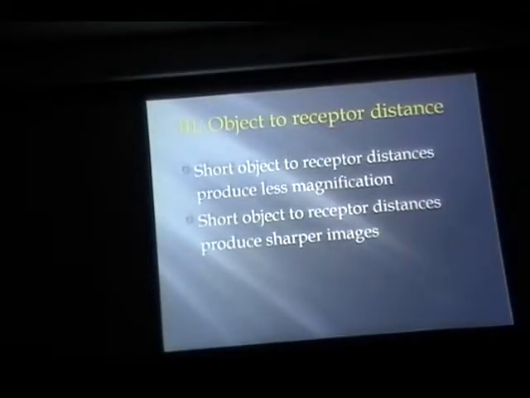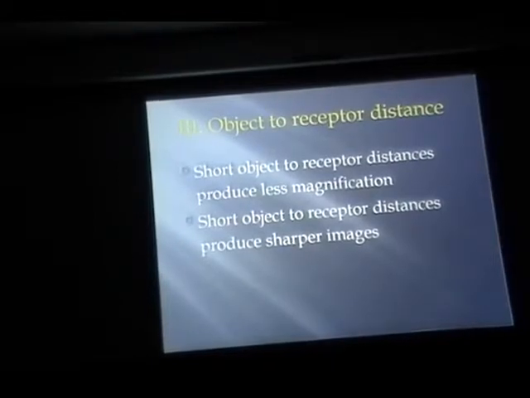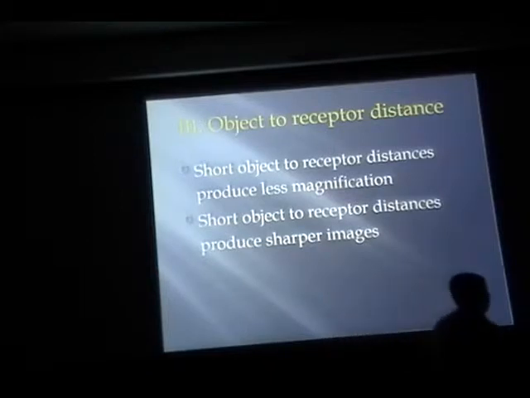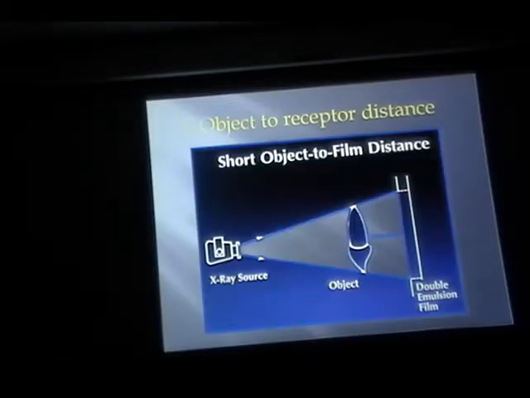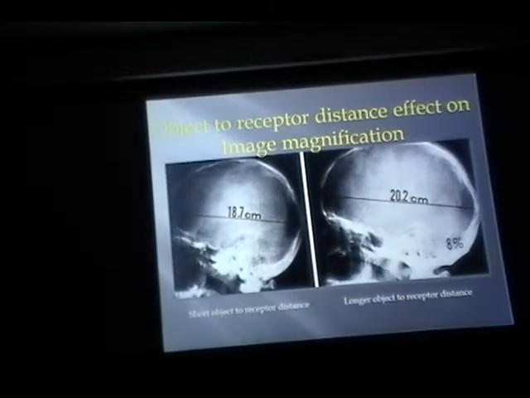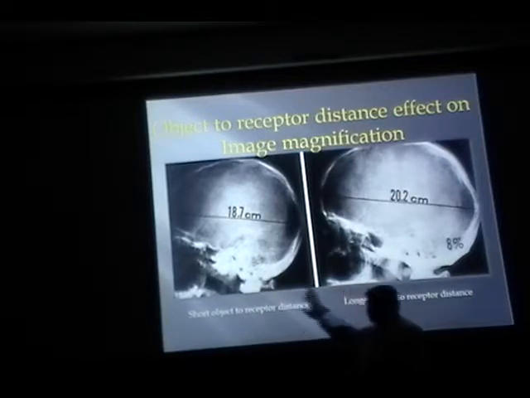So now, we talked about the first part, right? The second part is from object to the receptor. What should you do here? Shorter, why? Magnification. Magnification again. Here is an example that demonstrates if you have a distance too much, 18.7 versus 20.2 centimeters.